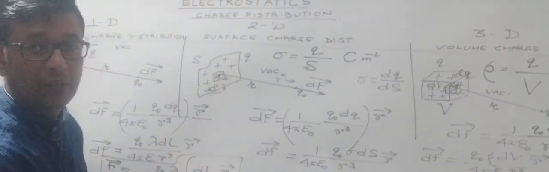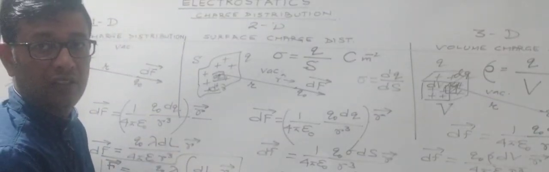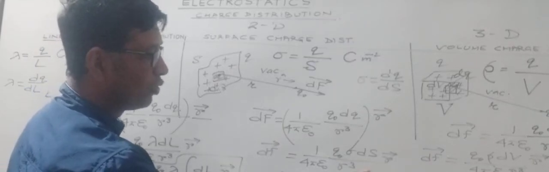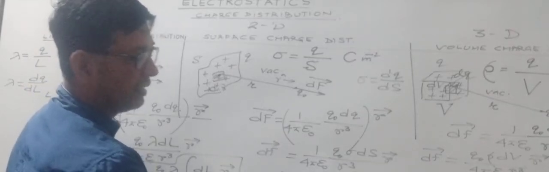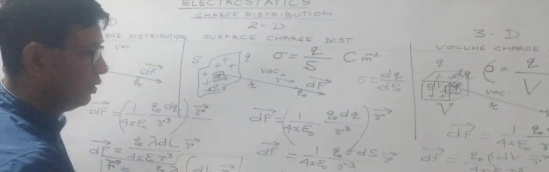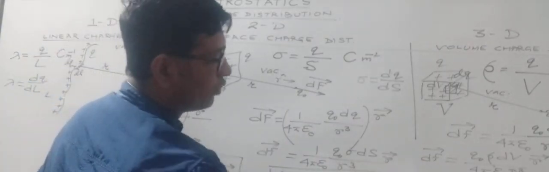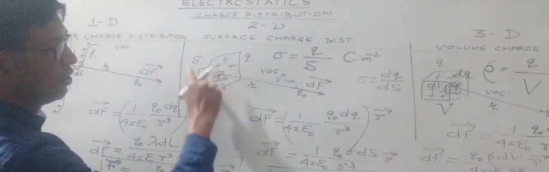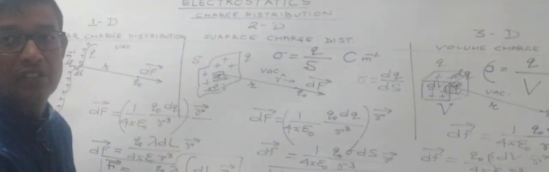Double integration represents a surface integral. There's another alternative way: if you represent it by a single integration, just write S over here. This is the surface integral. Integration dS means surface integral. So this is the expression for the force experienced by charge Q naught due to this surface charge distribution.